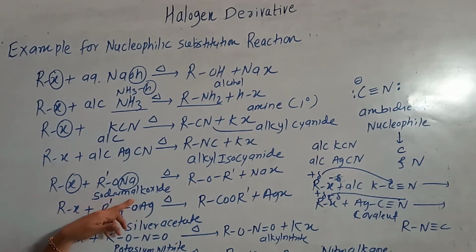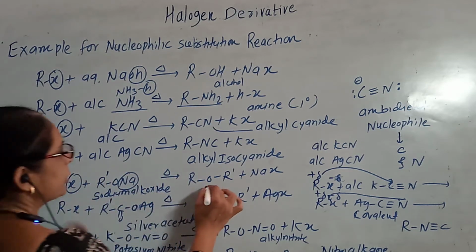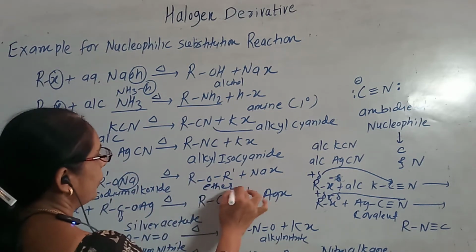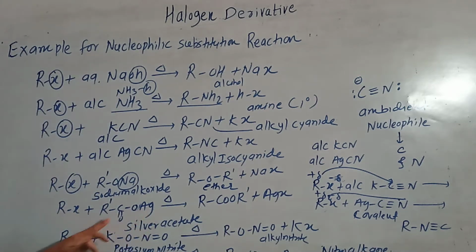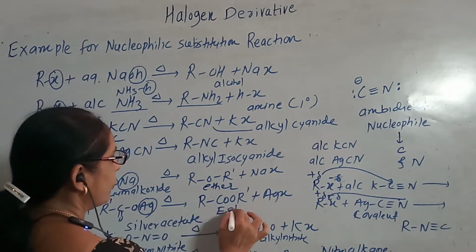Now in case of sodium alkoxide, simply NaX is given as a byproduct and you get an ether. In case of silver acetate, X and silver will be the byproduct and the remaining you get an ester. Okay.